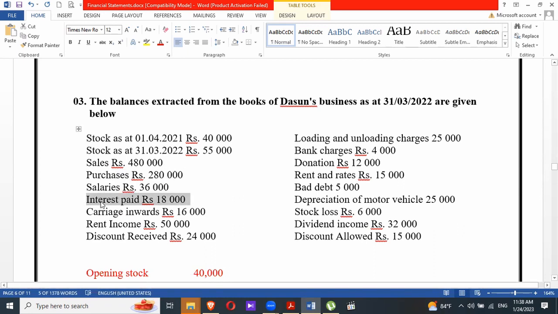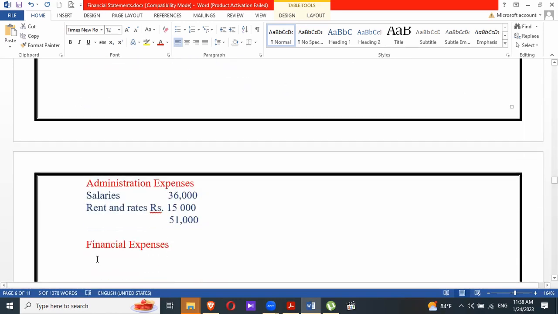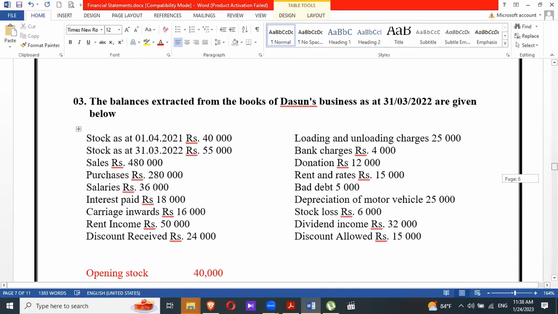Interest paid comes under financial. We'll take it under the financial expenses. Interest paid. Next, according to the question, loading and unloading, no. Bank charges we can take under financial. I think only two. Bank charges also comes under financial, right?